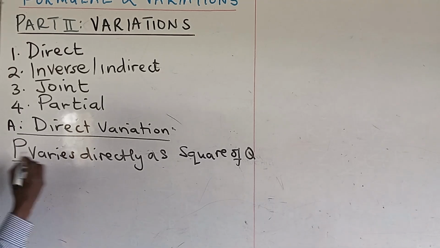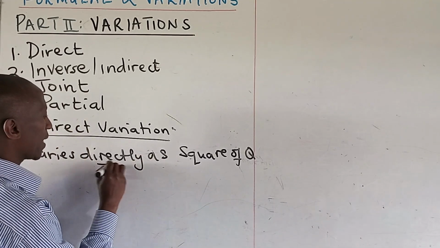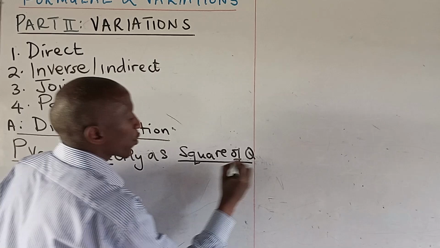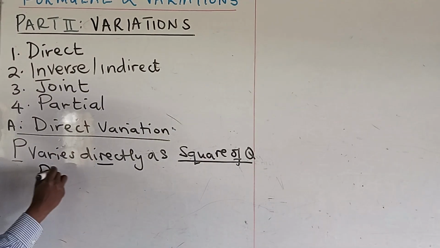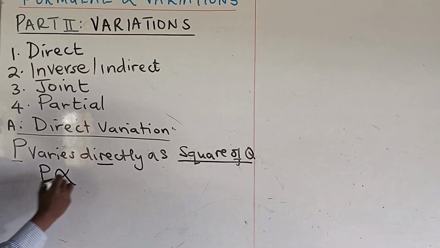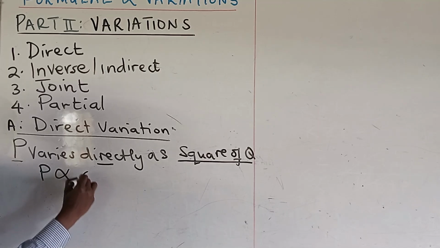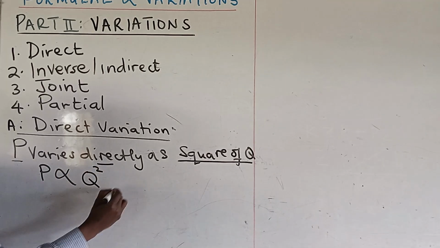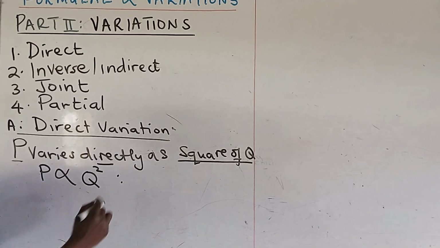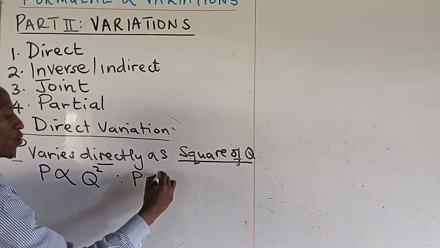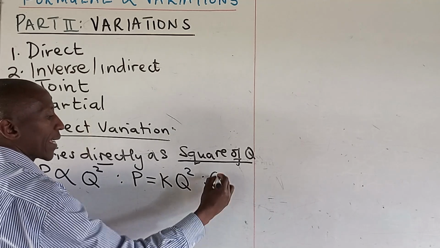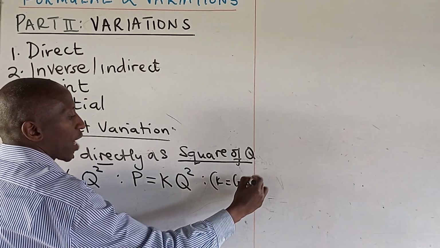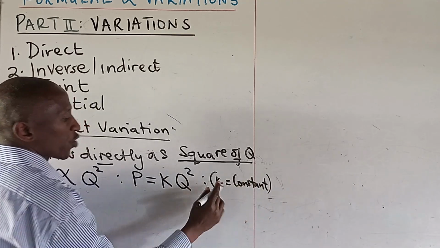So the quantity is P and it is varying directly as the square of Q. We show it in 2 ways. The relationship: P varies directly as the square of Q. And this one is written as an equation: P is equal to KQ squared, where K is a constant of proportionality.